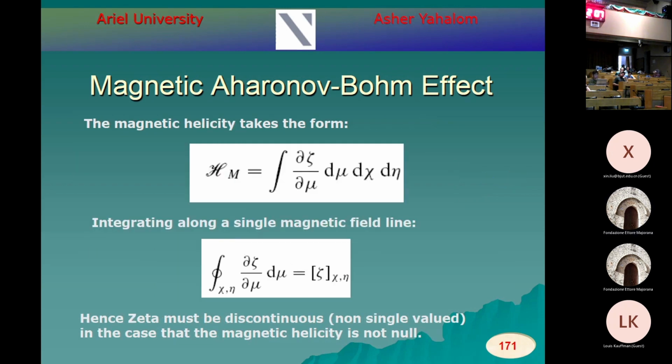So magnetic helicity takes this form, and you have to calculate along a magnetic field line, and you get the discontinuity of zeta. It must be discontinuous, otherwise you don't have magnetic helicity.